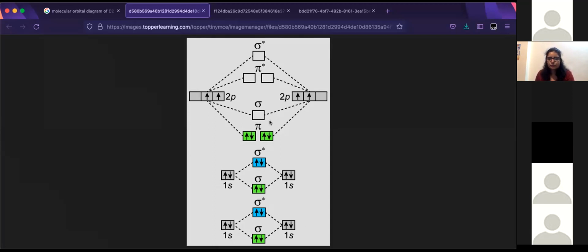Okay, so bonding. Ma'am, yeah. Since our bond order was in fraction, does that mean the molecule is unstable or something? It's not unstable. There's some sort of resonance structure going on there. So that's how you can interpret it.